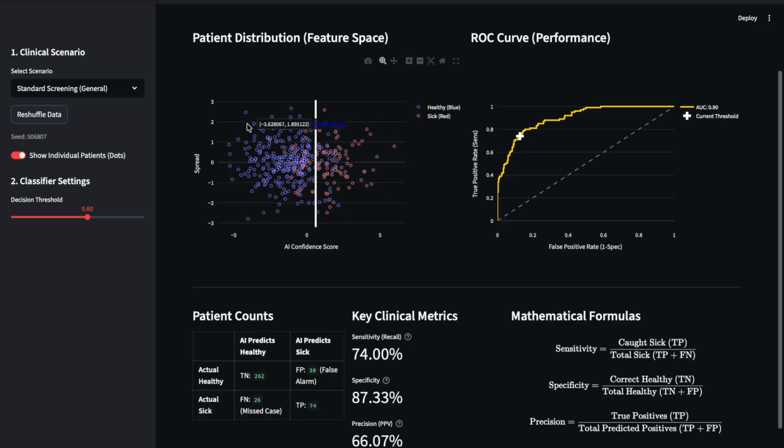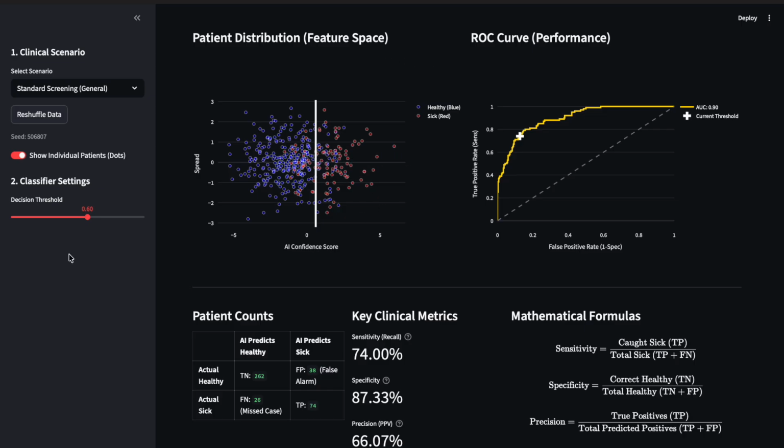We just have all the parameters, it can be like 200 different parameters that describe patients, but we visualize them in a way that healthy patients are mostly on the left side, and sick patients, those who were hospitalized, are mostly on the right side. And there is always some overlap that makes things more difficult.